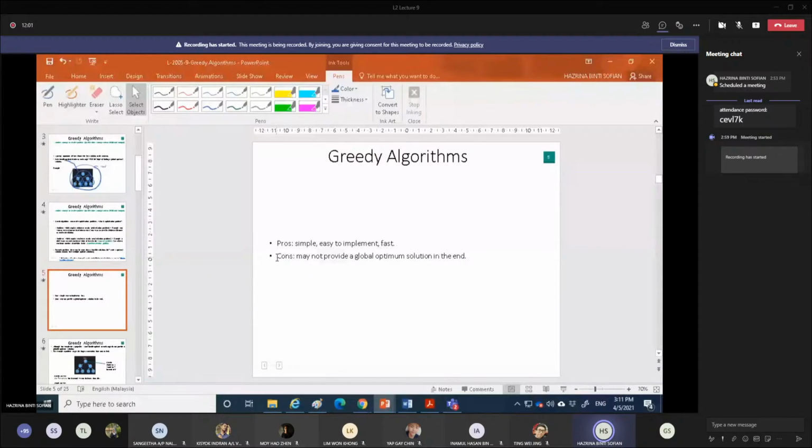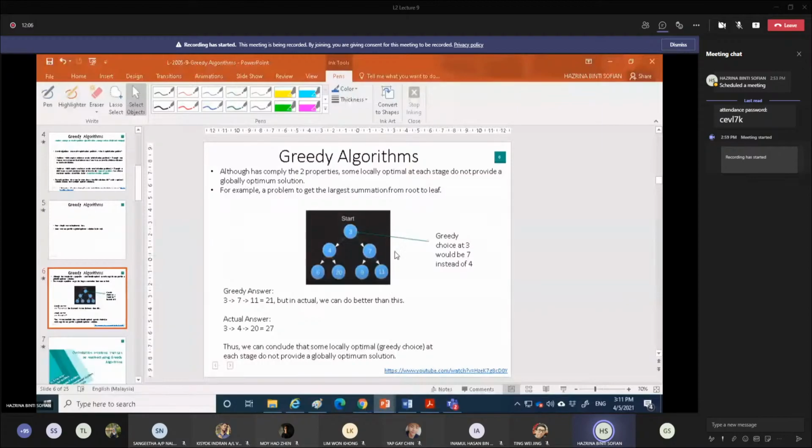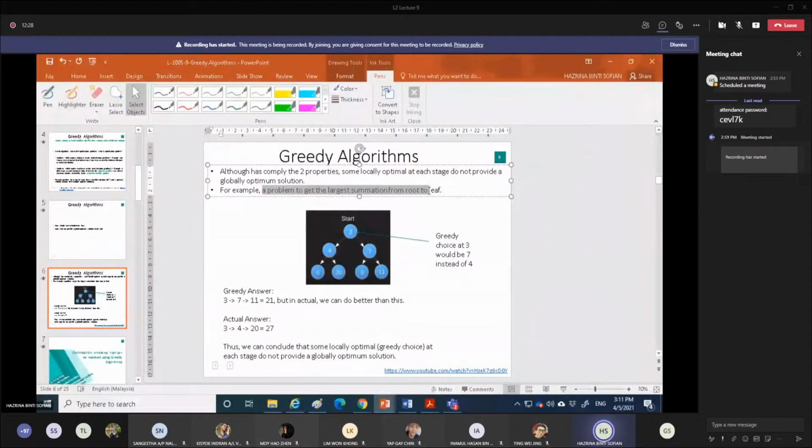So let's take a look at the cons of the greedy algorithm. For instance, we have these values: 3, 4, 7. At this stage, we choose to be greedy to solve a problem to get the largest summation from root to leaf. Being greedy, we will move to 7.